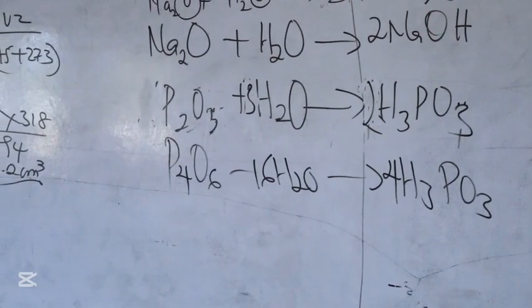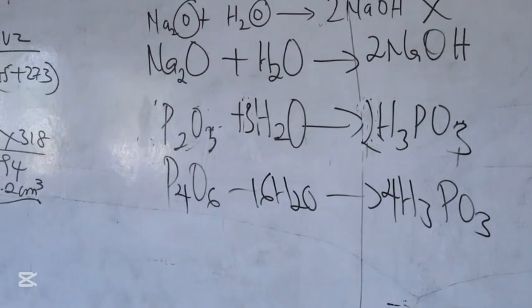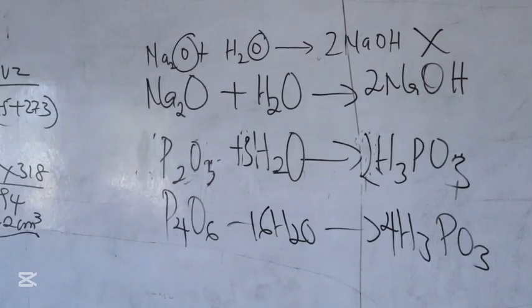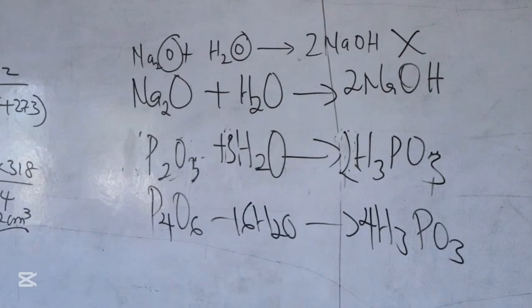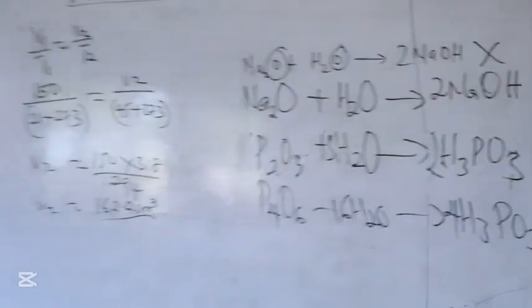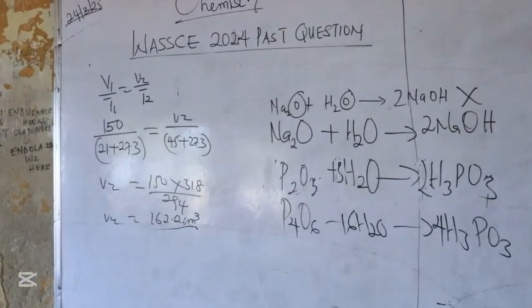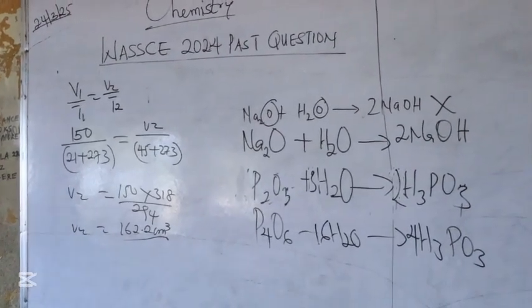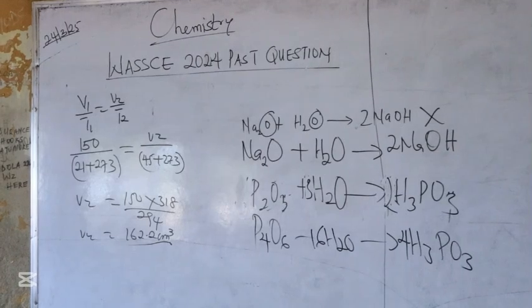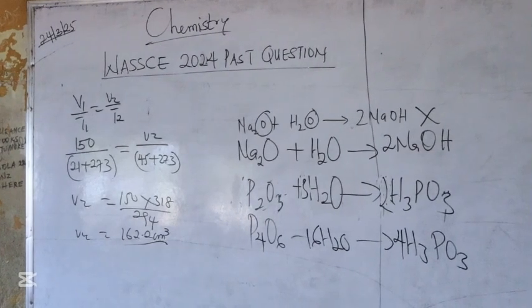Number 3. Chlorine 7 oxide. Write the reaction that occurs when chlorine 7 oxide dissolves in water.